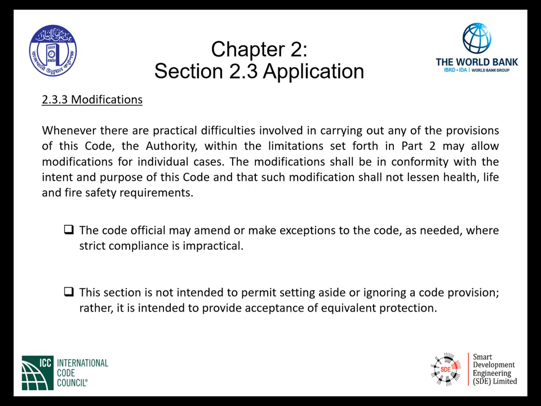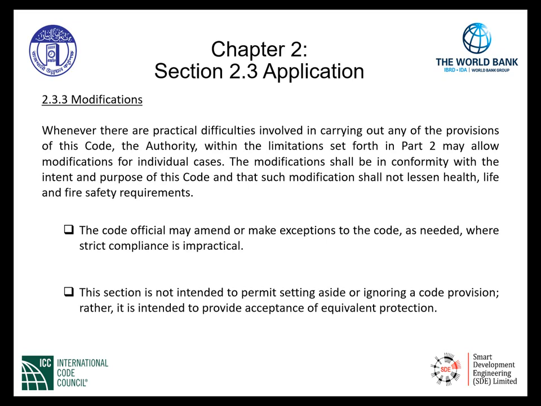Now, this may be a modification to maybe a piping method being installed, maybe a duct method, or even a material, things of that nature, that must be modified given an application. Again, the authority should be provided with the analysis and intent of the modification in order to make a good decision, and if the modification fits the intent of the code.